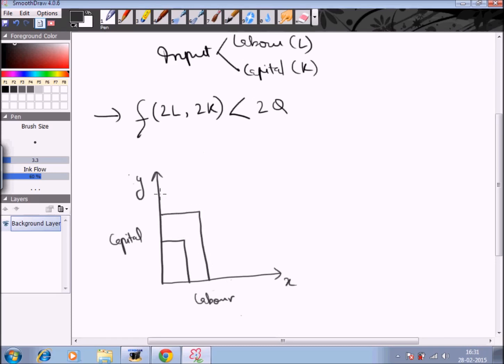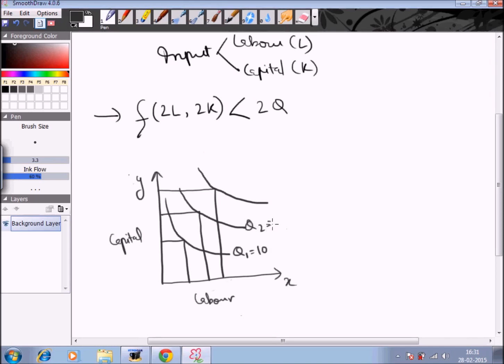And as a result I get three isoquant curves. This is isoquant curve 1 where I get the quantity produced as 10 units.